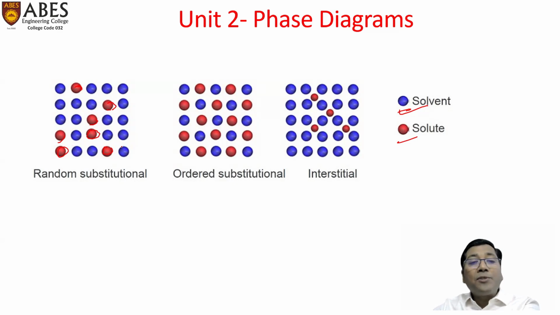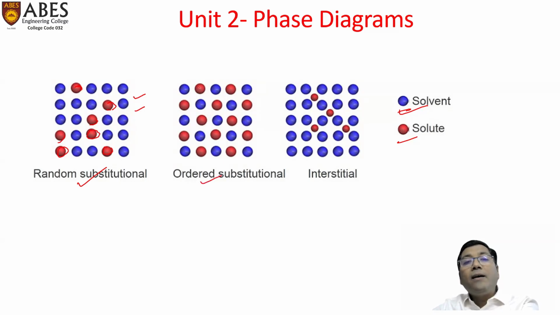But this substitution is random. The red ones are randomly taking the positions, so it is called a random substitutional solid solution. And whatever crystal structure is there, FCC, BCC or HCP, as we had discussed earlier, that of the solvent is maintained. Similarly, another type of solid solution is ordered substitution.